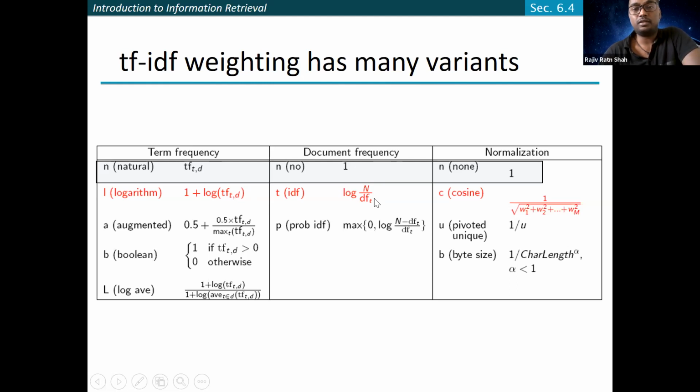Similarly, you can compute the IDF and the cosine similarity and so on. There are several formulas for computing the TF, document frequency, and normalization. In this case we have mainly focused on this one.